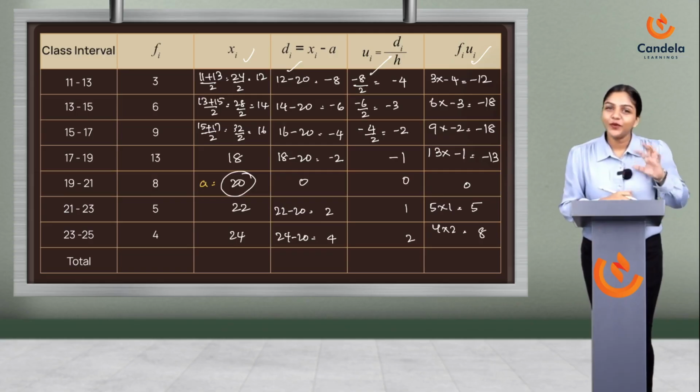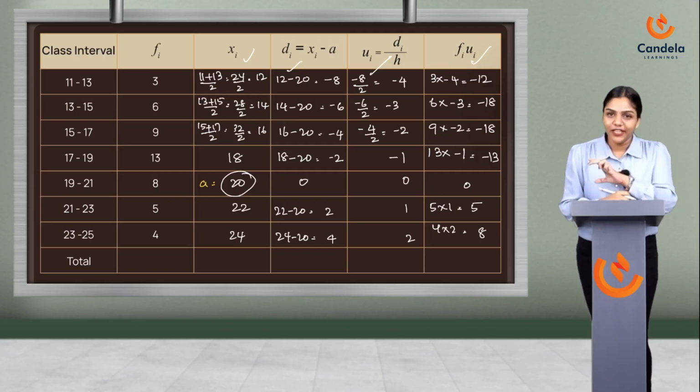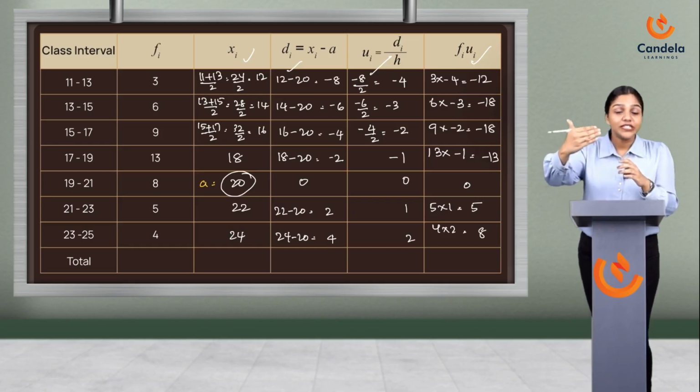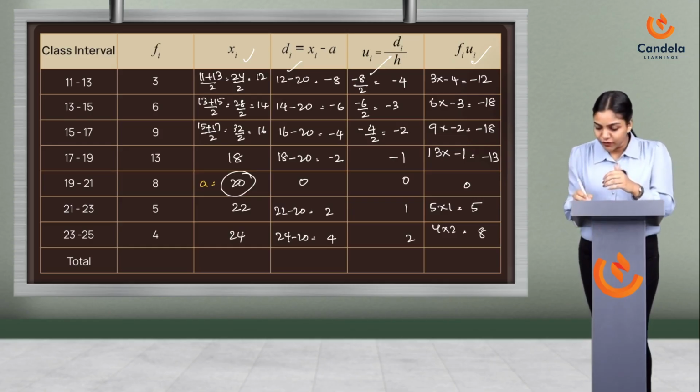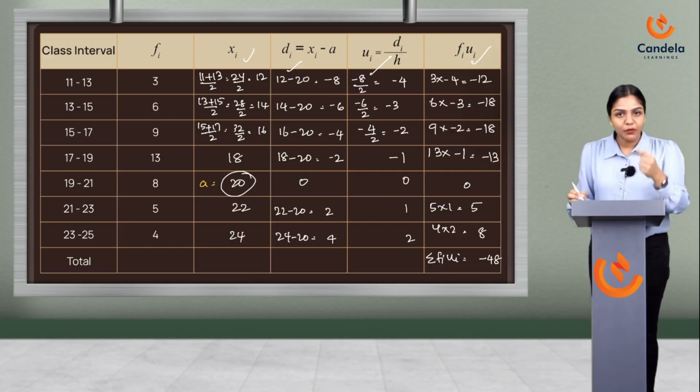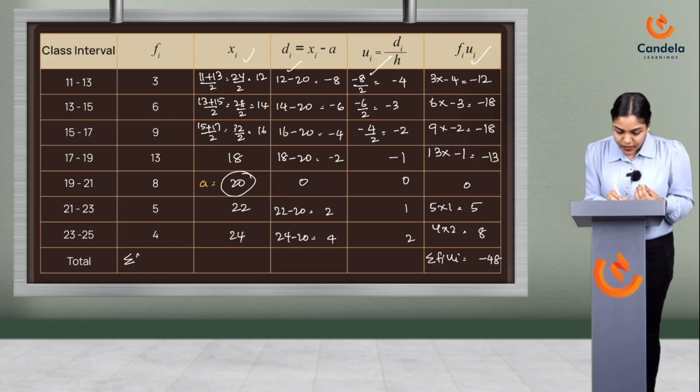So in the formula, you can see a term called as sigma fi ui. So that means you have to take the sum of all fi ui. So that will be equal to negative 48. And we need to take the sum of all frequencies as well. That will be equal to 48.